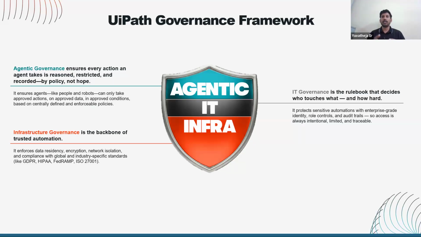We talk about the data, how it's being used, where it's stored at rest, how it's used during transit, what types of protocols we are using, what systems it can interact with, and whether there are any limitations in terms of access, in terms of role-based control. All of these aspects we already covered during our RPA journey. I think each one of you might have already dealt with this at some time or other in your RPA journey. Now, talking about agentic governance.